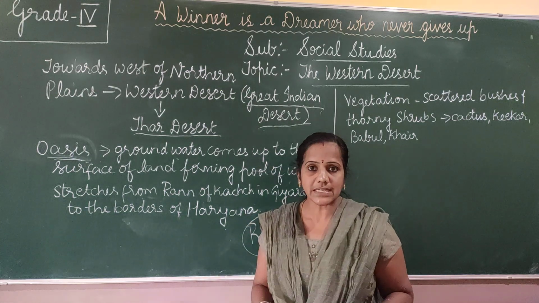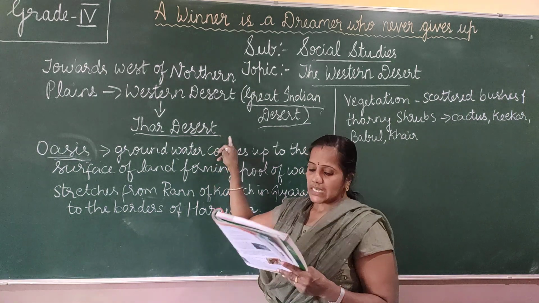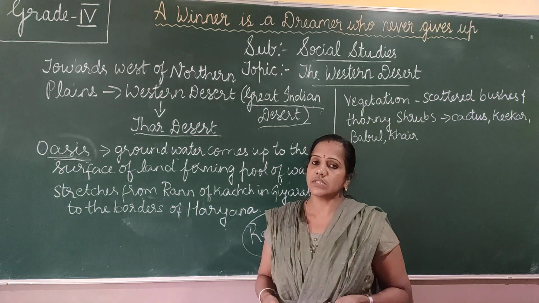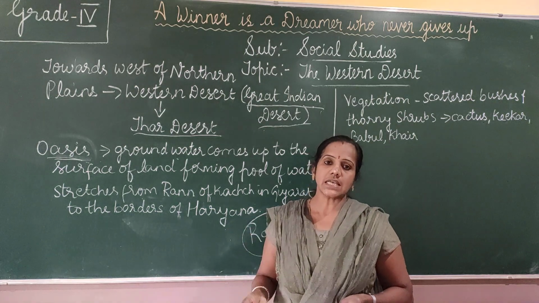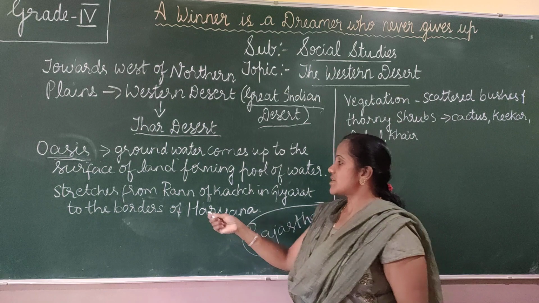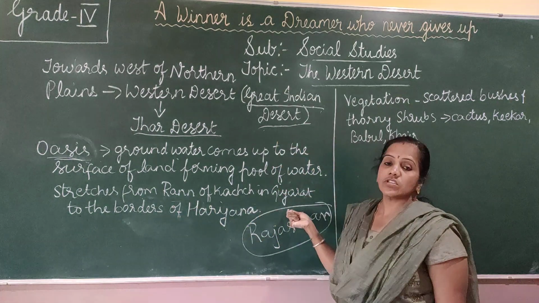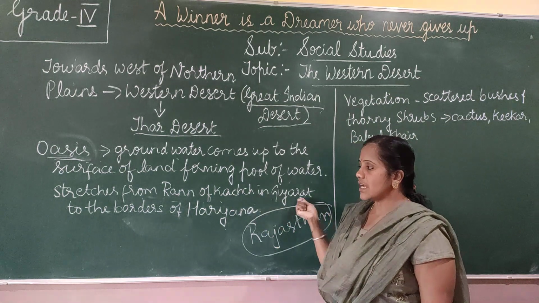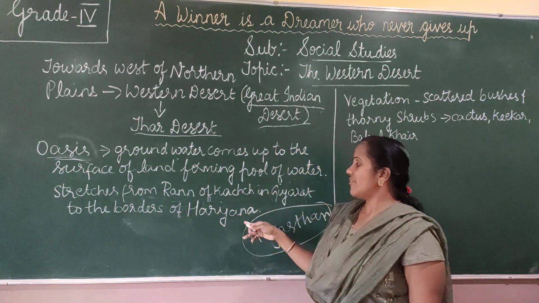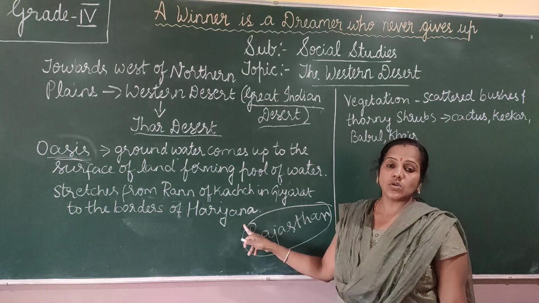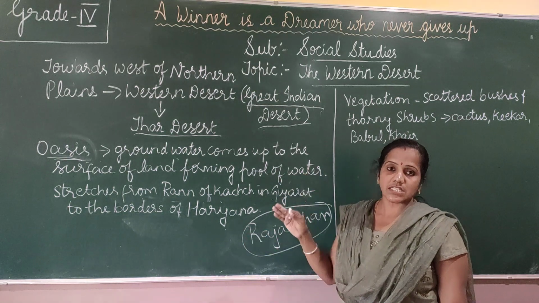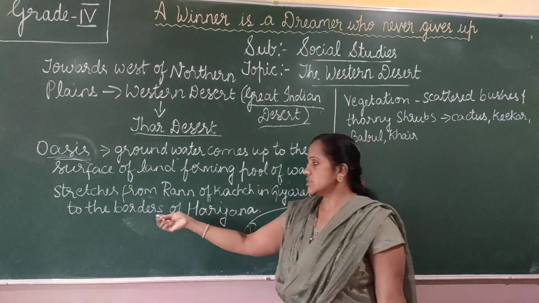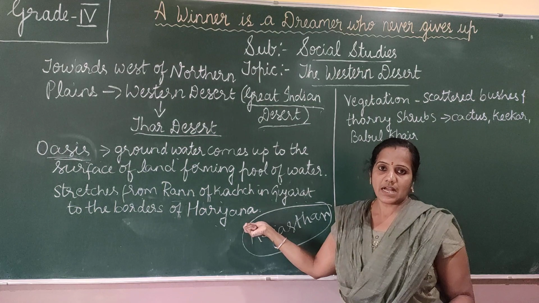This Great Indian Desert, also known as the Thar Desert, extends from the Rann of Kutch in Gujarat to the borders of Haryana.